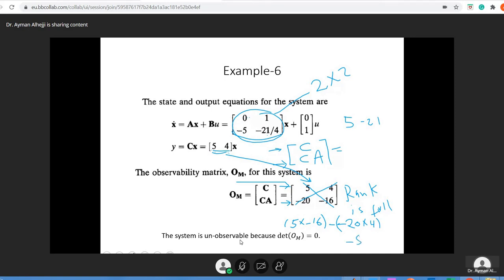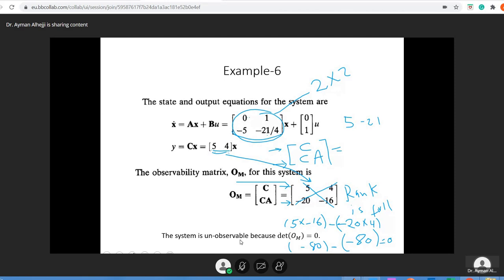Here minus 80, right? Yes. How about this? 5 times minus 16, minus 80, right? So minus and minus becomes positive, and then it becomes 0. So your determinant is 0.